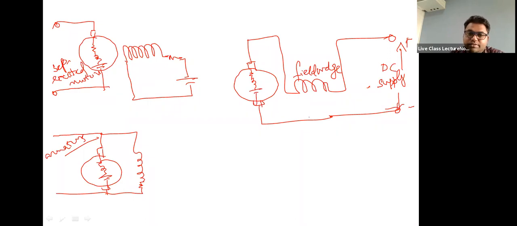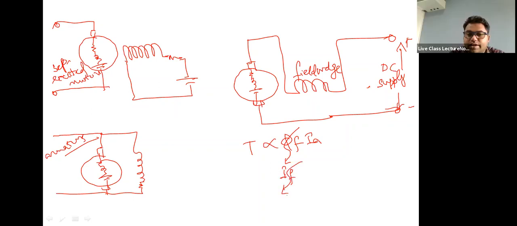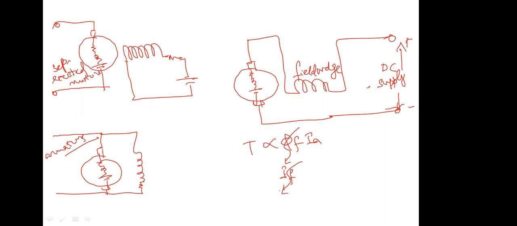So this is very interesting. First of all, torque is proportional to phi f into Ia, right? Now this phi f is a function of which quantity? Phi f is a function of If. Now in this series motor, If is equal to what?